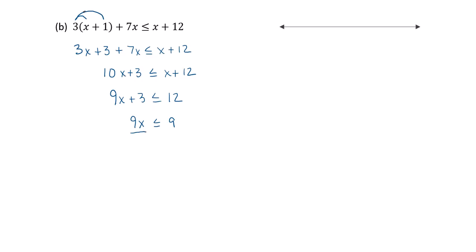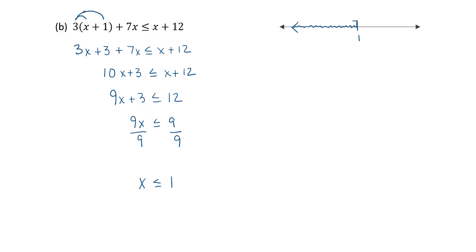And now I want to completely isolate the variable by dividing by that coefficient of 9. So my answer is x is less than or equal to 1. Notice I did not flip the inequality here because I was dividing by a positive number, not a negative number. I'll go ahead and graph 1 on the number line, and x is less than or equal to 1.